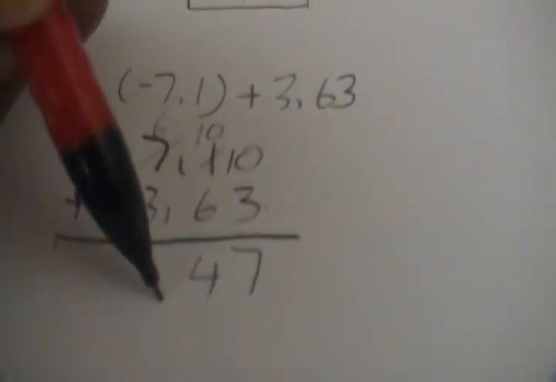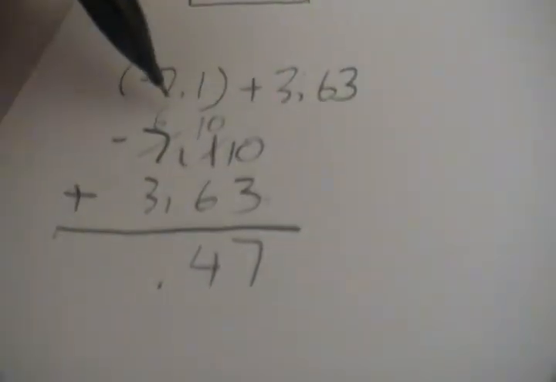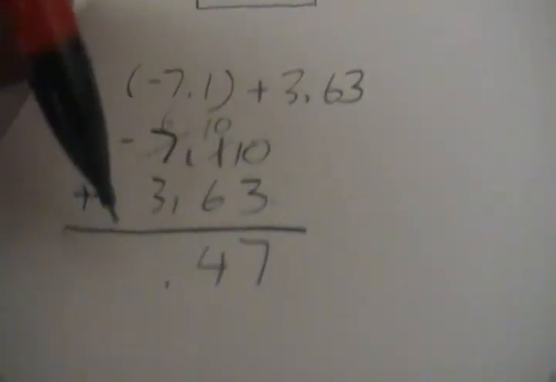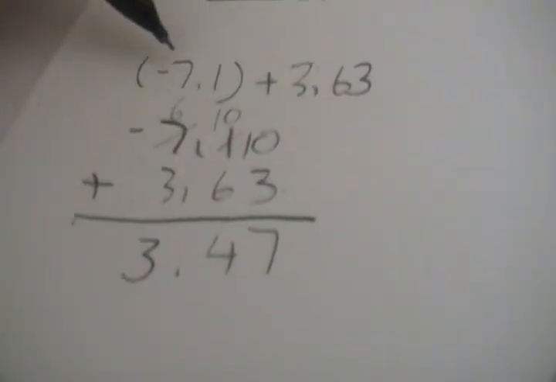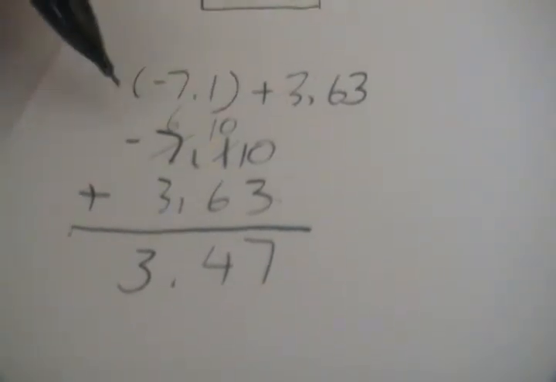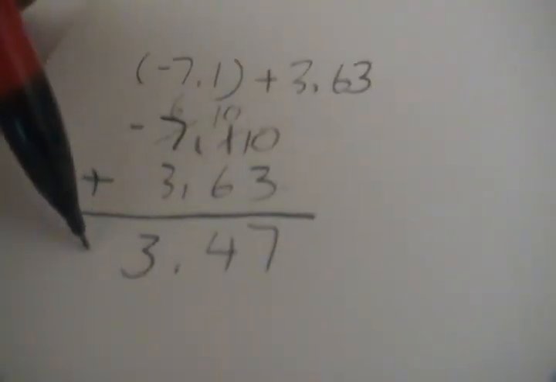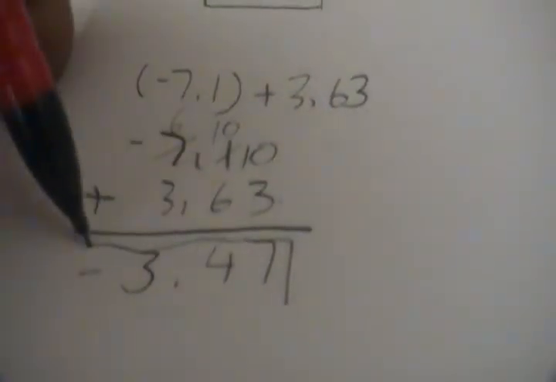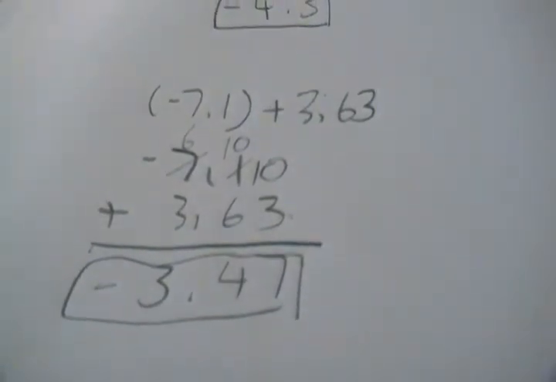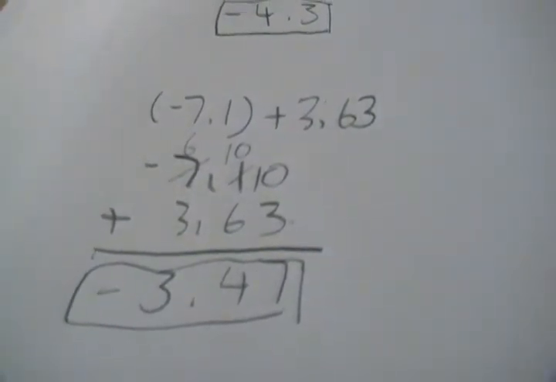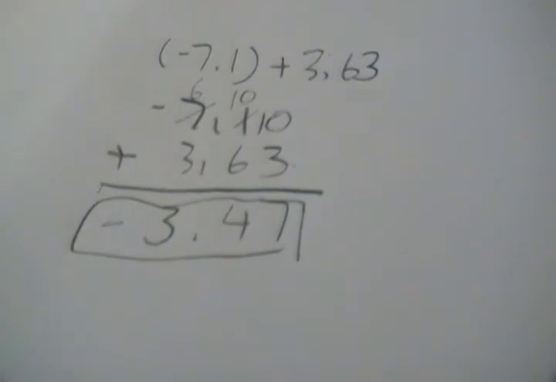Add a decimal point. Okay, now 6 minus 3 is 3. Now, because we talked about before, 7.1 is the bigger number, our final answer is going to be a negative number. So negative 3.47. Let's check that. Yeah, negative 3.47.